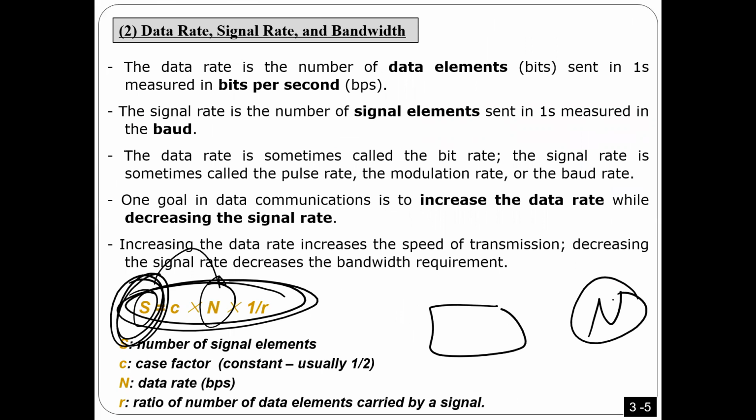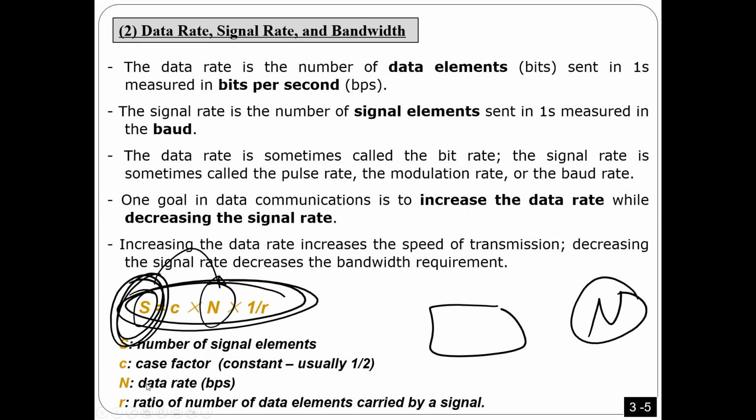If I tell you that, given the same bandwidth, this encoder is going to give you more bit rate, which is good. In other words, for the same bit rate, this encoder is going to ask for a smaller bandwidth, which is good. It's the same thing. So this is the formula we're going to use.